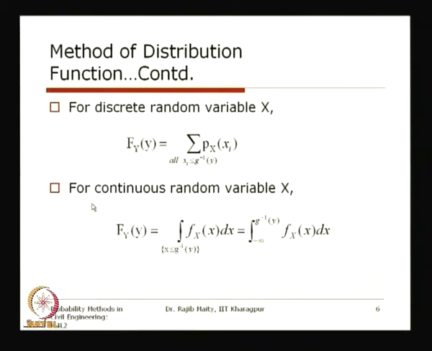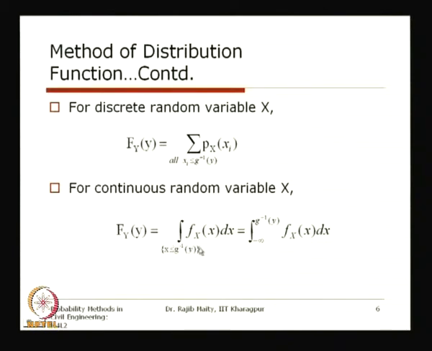Now, for the continuous random variable, if we have the probability density function f_X(x), then to find F_Y(y), it should be integrated over the set for which x is less than or equal to g inverse of y.